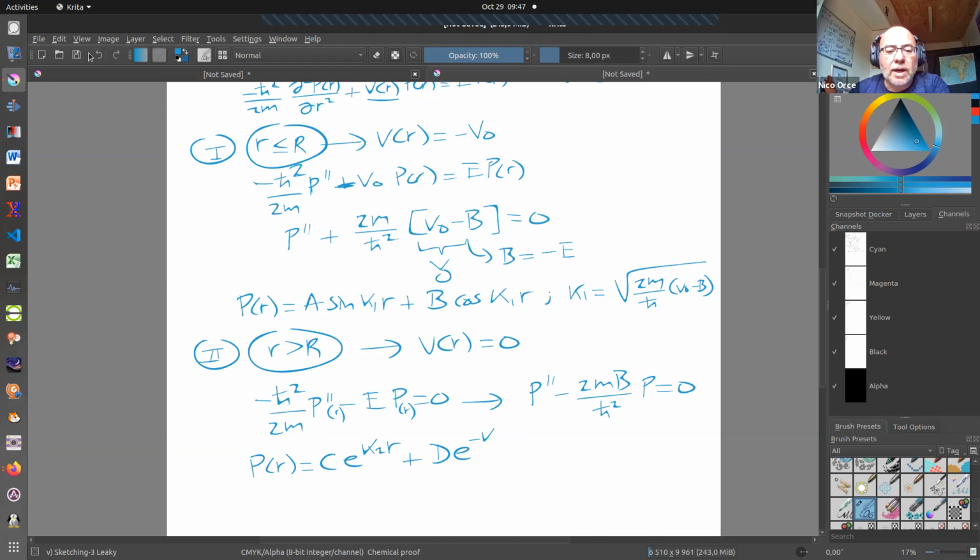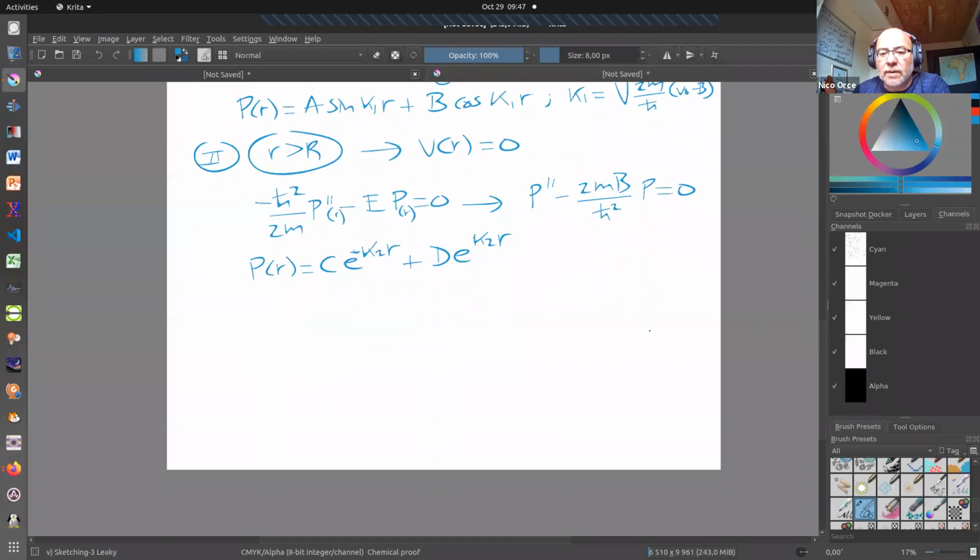So we have two functions, which let me call K2r, doesn't matter. These are going to be two functions which look like this basically. Inside we have sine and cosine functions, and in this case we have two functions which look like this for the exponential, and this for the e^(-K2r), and this is going to be e^(K2r).